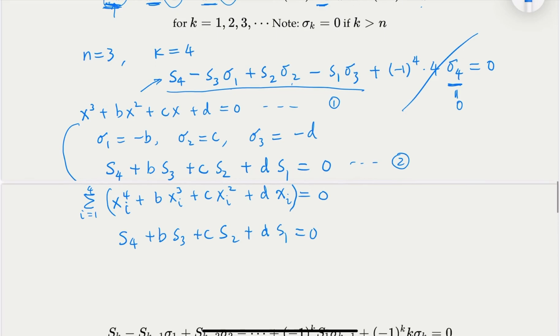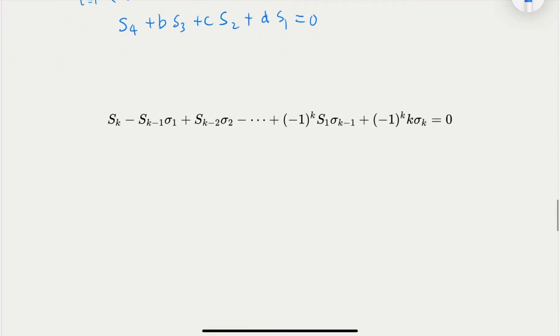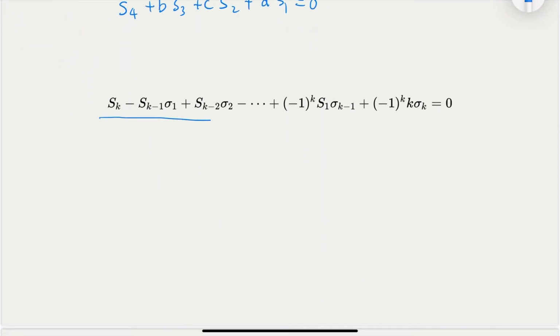All right, so let's work out some examples. This is just a recap of Newton's identity.